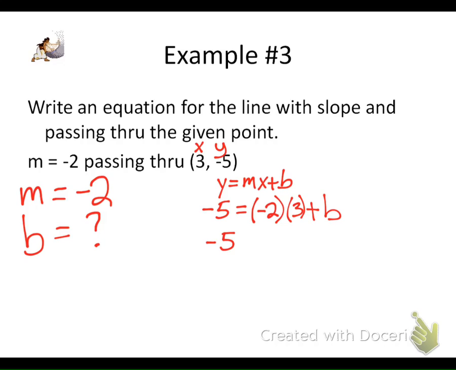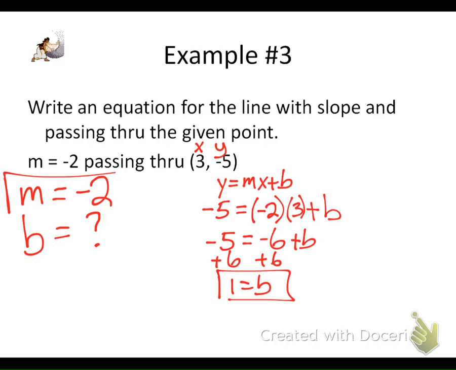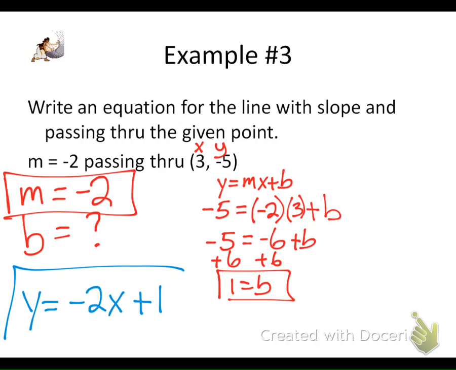So this will be negative 5 equals negative 6 plus b. So what's b going to equal? 1. Great. Now we have b. We started out with m. Those aren't the answer, though. The answer is y equals negative 2x plus 1. Any questions?